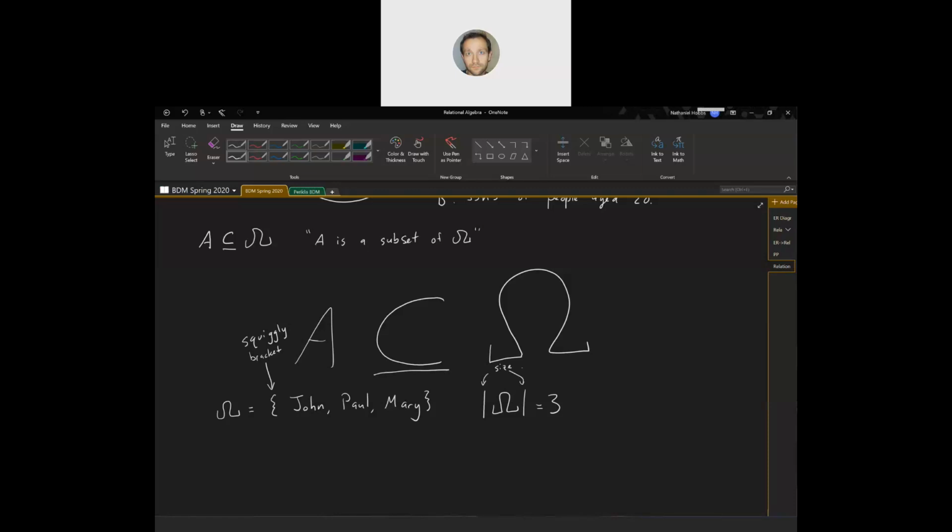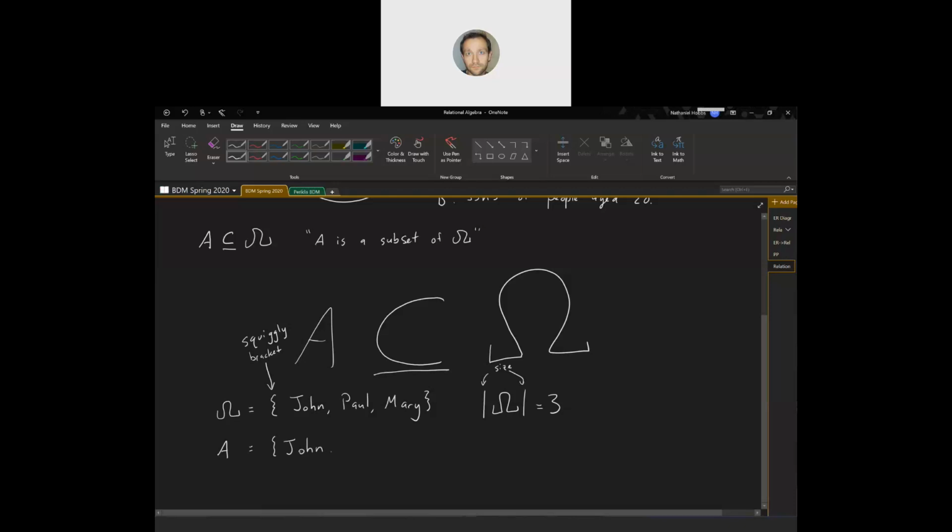Now, if A is a subset of this, for example, A could be John and Paul, then A is a subset of omega holds true. Let's say I have B equals John, Paul, Mary.